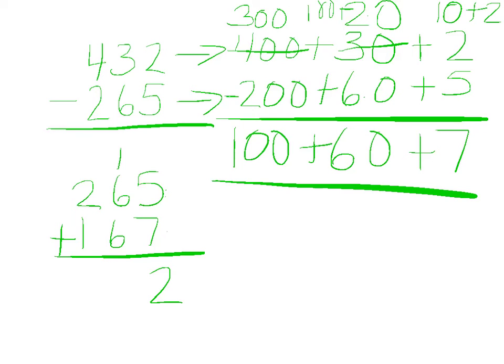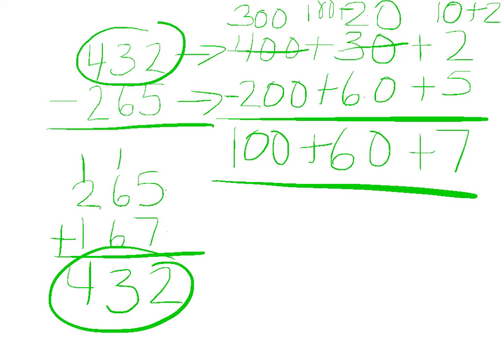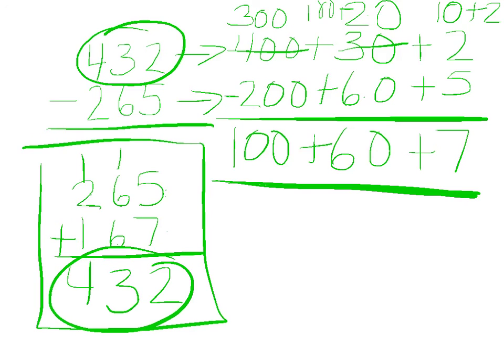This is what we consider the traditional algorithm, which is not expected to be mastered until third grade. So we have 6 and 6, which would be 12, and one more 10 would be 13 tens. Regroup the 100, 2, 3, 4, 432. We have a match so that we know our answer is correct. And again, this is what we would be considering as the traditional algorithm.